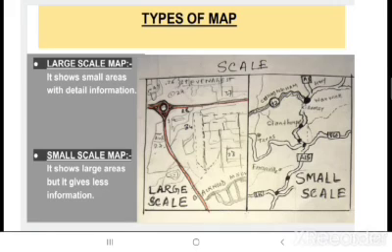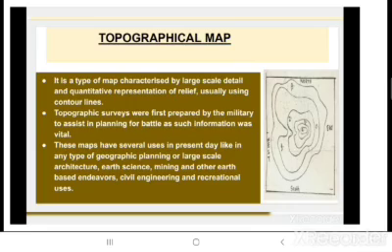You are very clear? Got it? So large scale maps have small areas but detailed information, and in small scale maps the areas are large, and because the area is large, the information is very less detailed.